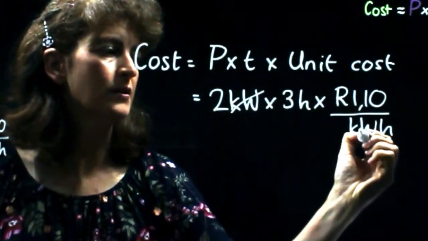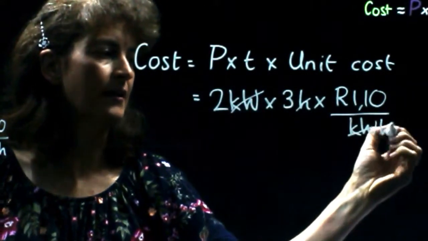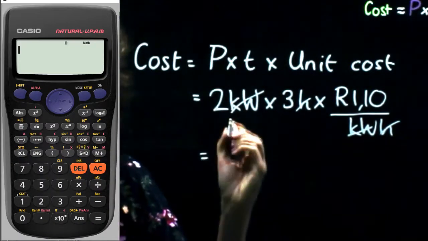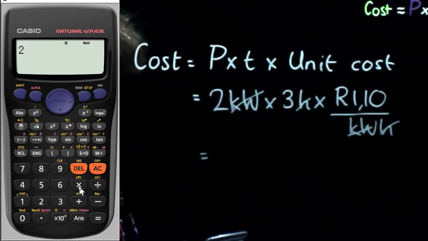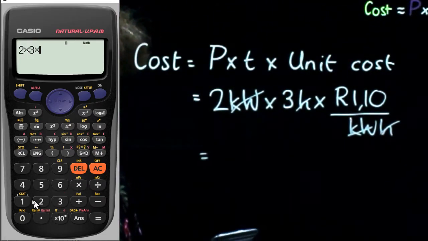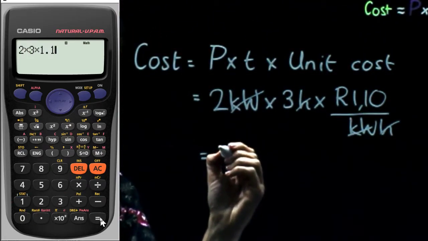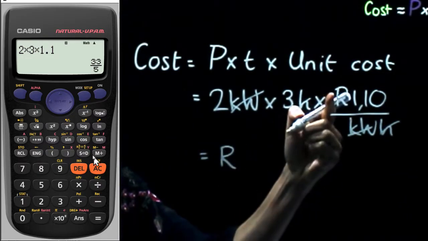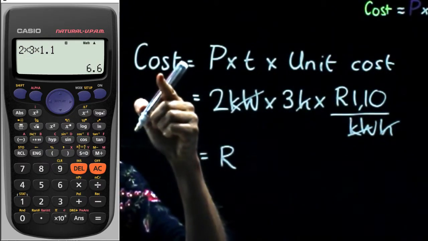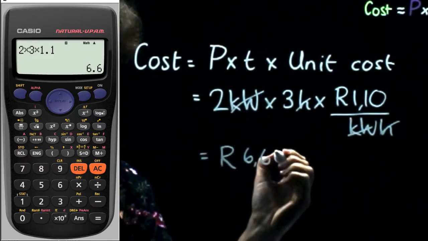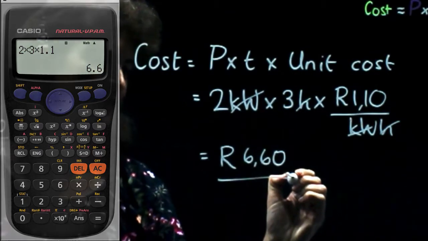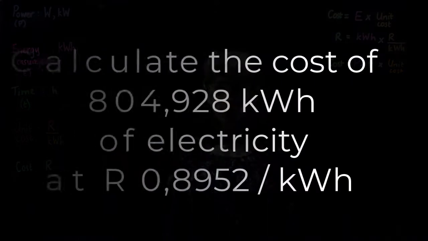Notice how kilowatts cancel, hours cancel. Then we get our calculator. 2 times 3 times 1.1 is equal to, the unit is rands, it's the only one that doesn't cancel, and anyway, cost is measured in rands, 6.60 Rand.